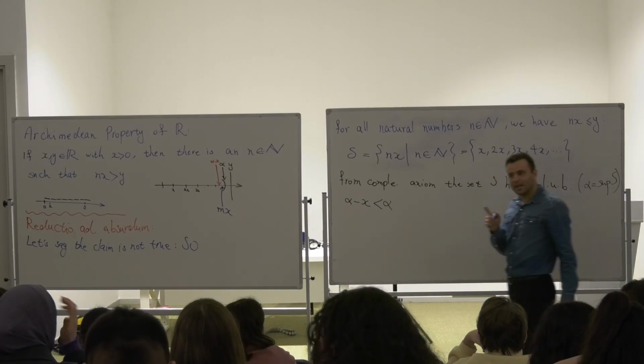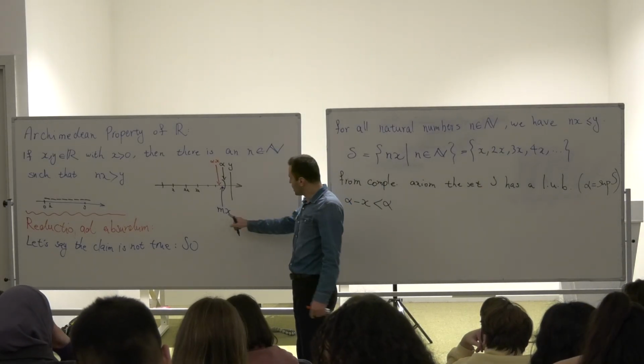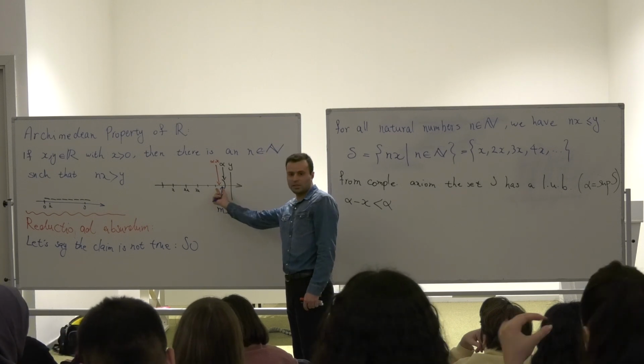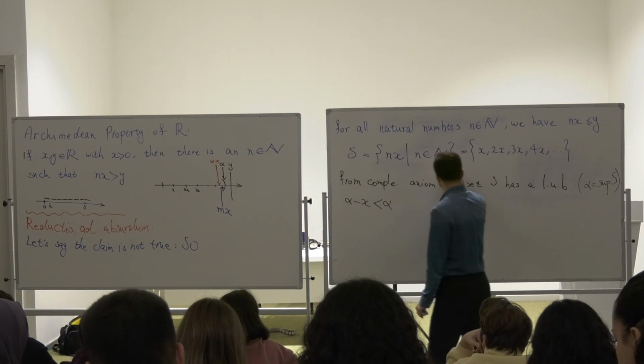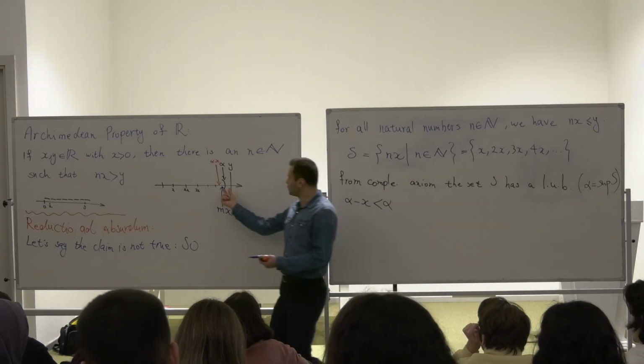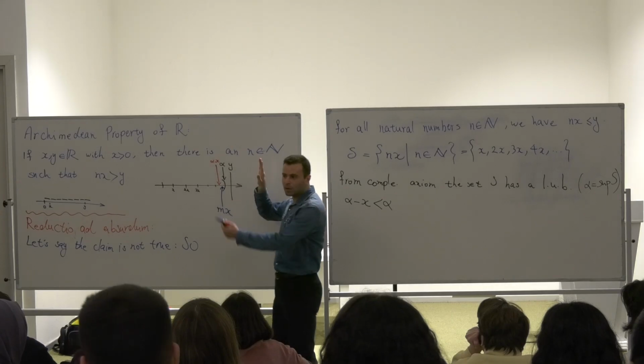What I'm going to claim is this. We have actually a natural number m such that it exists between these two. Because if no member of this set comes in between of these two, then alpha minus x is an upper bound of it, right?